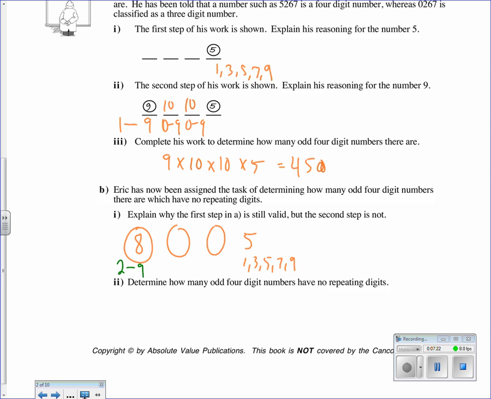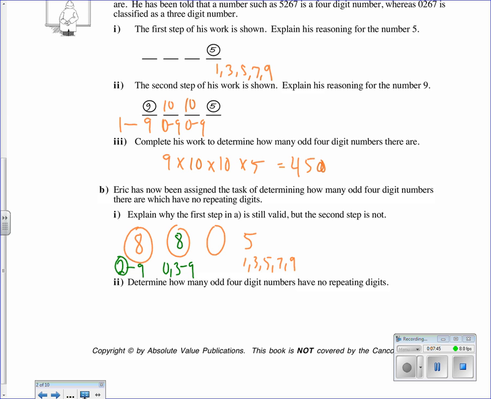And then if I just pick a number here, the number 2 was used for that first position, then I can use 0. I can't use 1, I can't use 2, but I can use 3 through 9. So that reduces my choices at that position to 8 numbers.